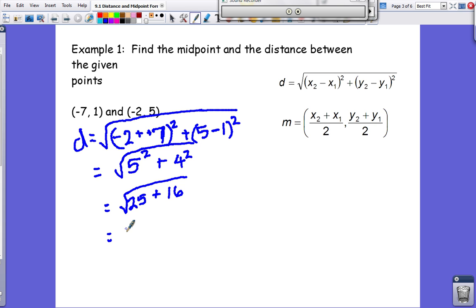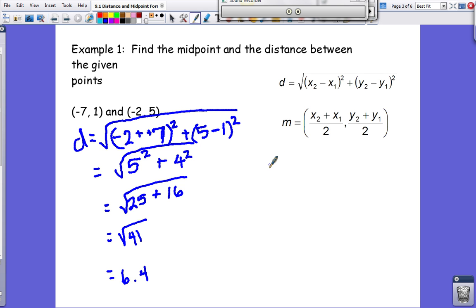And then if I add those, 25 plus 16 is going to give me the square root of 41. And we're going to go ahead and turn that to a decimal. Let's do a couple decimal places. So if you hit the square root button on your calculator, you're going to get 6.4.